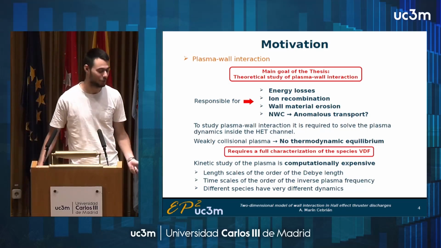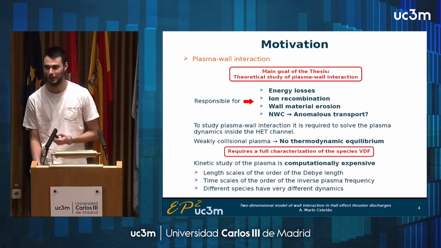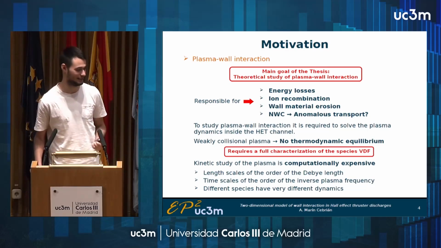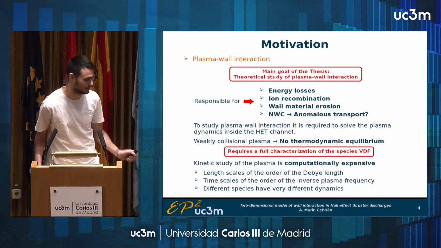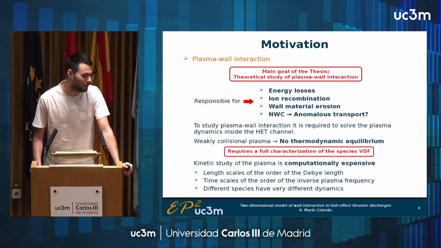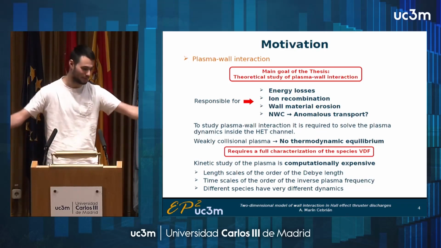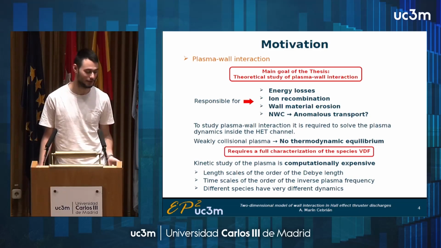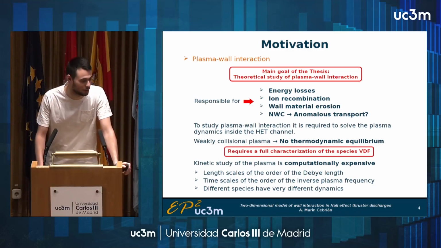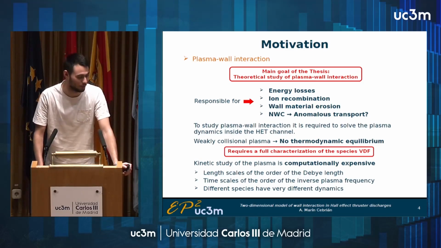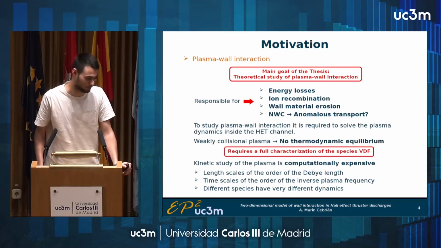So now, how do we tackle this problem? How are we going to analyze this plasma inside the Hall effect channel? Well, it is required to solve the plasma dynamics inside the channel, and we figured out that this is a very weakly collisional plasma. So there is no thermodynamic equilibrium, which implies that we require a full characterization of the species velocity distribution function.